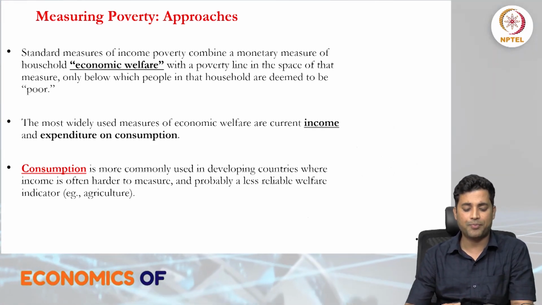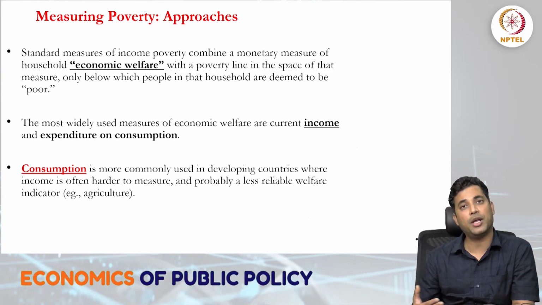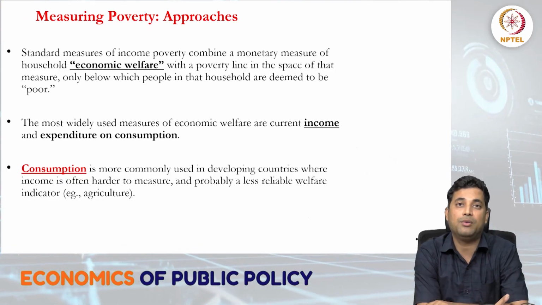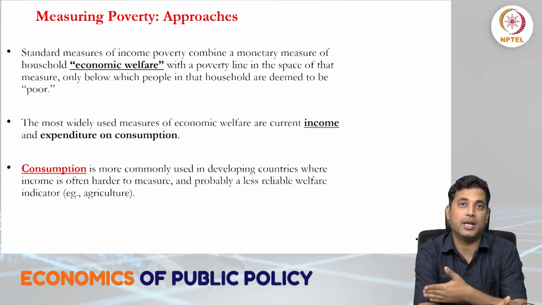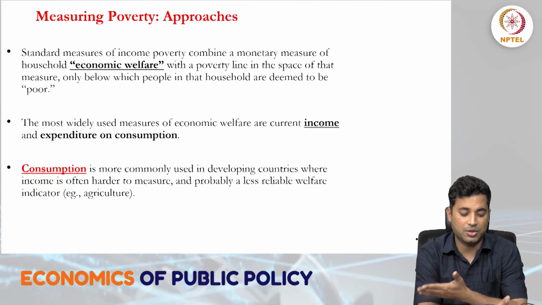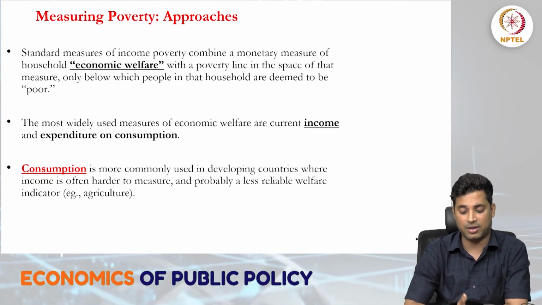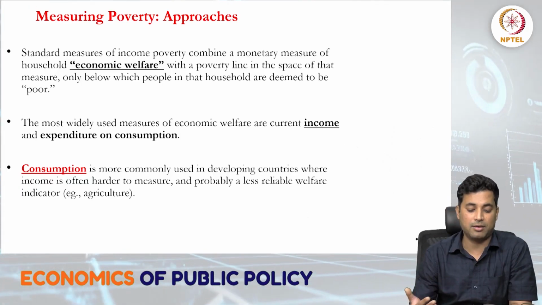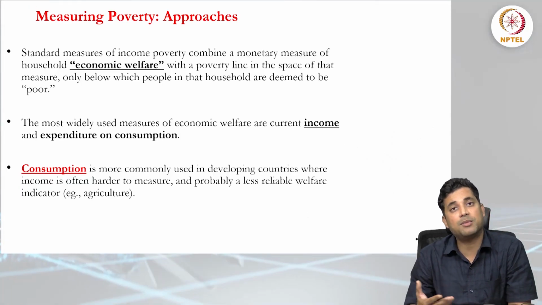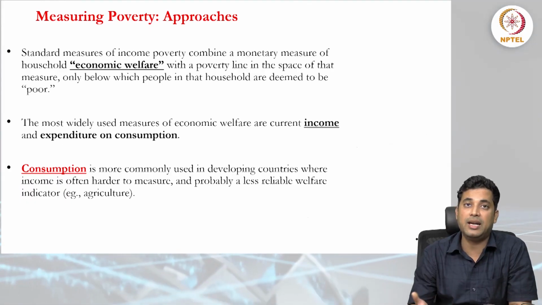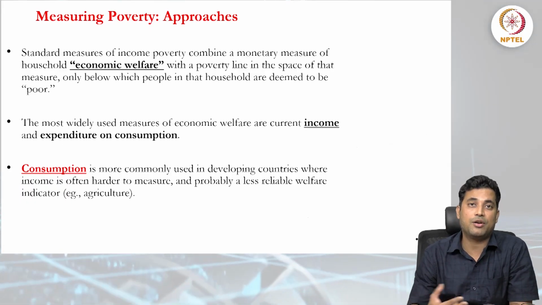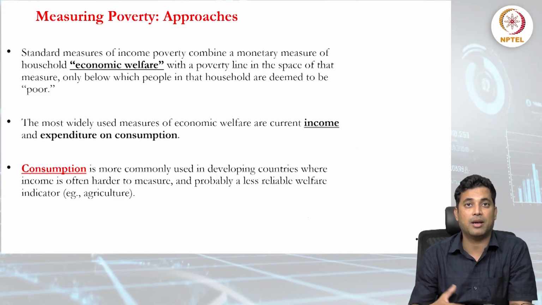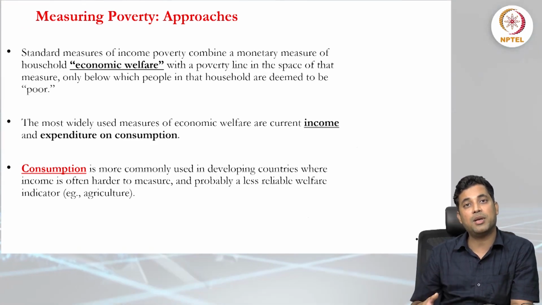Now, when we are talking about economic welfare, we really need to understand two ways in which we can measure it. One is through income, the other is through consumption, or expenditure on consumption. So either we follow the income approach or the expenditure approach. Consumption becomes very important, especially in a country like India, where a large share of the workforce is informally engaged in the labor market, and where income becomes very uncertain.